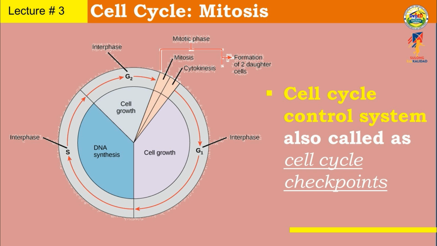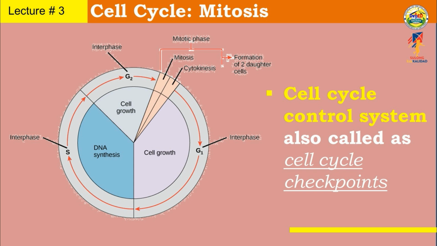It is driven by a built-in clock that can be adjusted by external stimuli, like sending chemical messages. Ano nga ba yung function ng cell cycle checkpoints? It is essential to ensure that the daughter cells produced are exact duplicates of the parent cell.